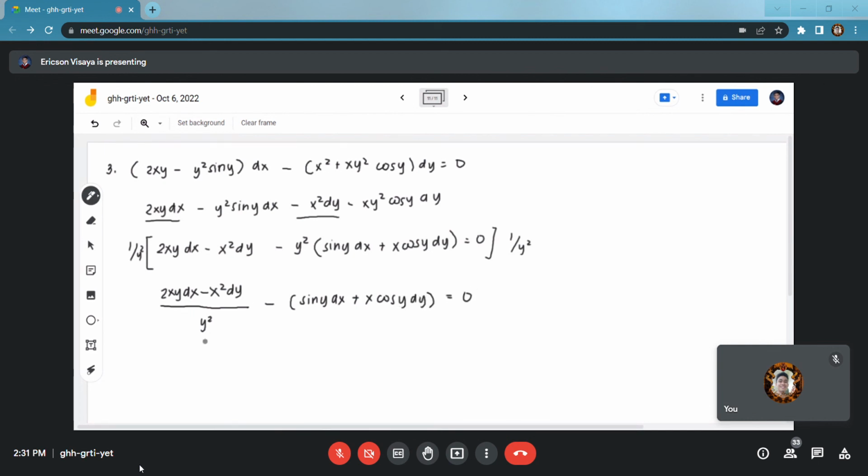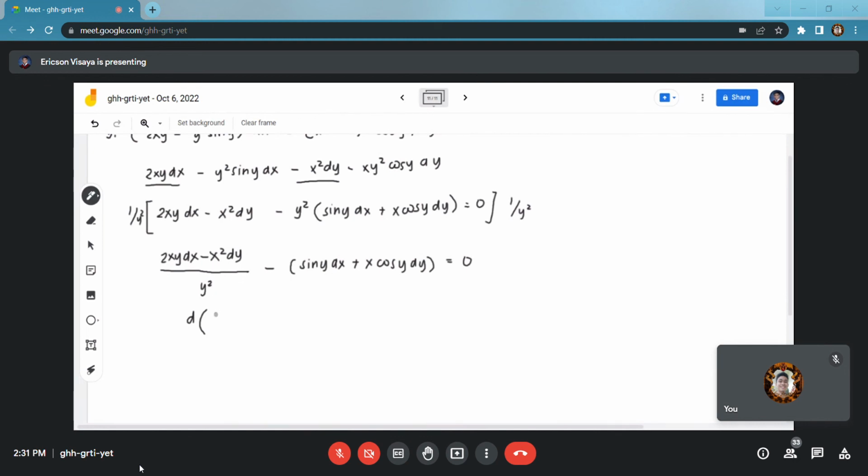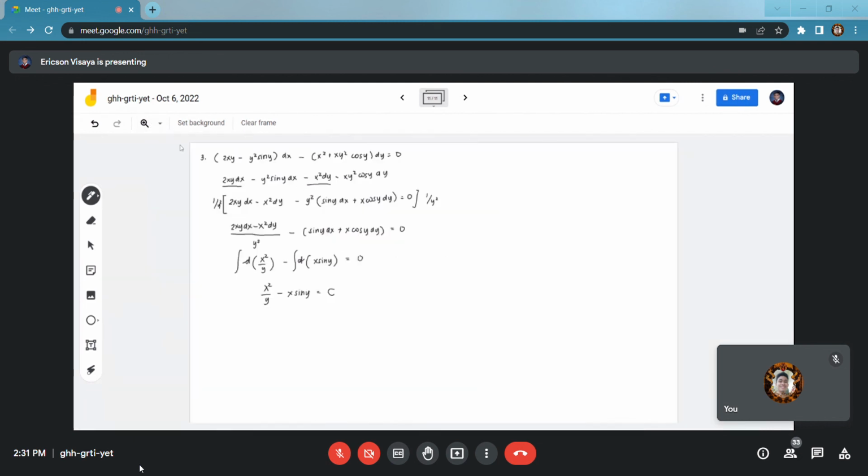So, ito, masisimplify natin as the derivative ng x squared all over y minus ito ay the derivative naman ng x sine y is equal to 0. Then, integrate both sides. So, ang sagot natin ay x squared over y minus x sine y is equal to C. So bali 231 na.